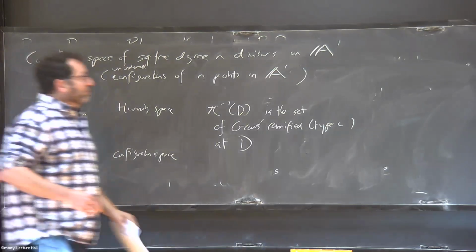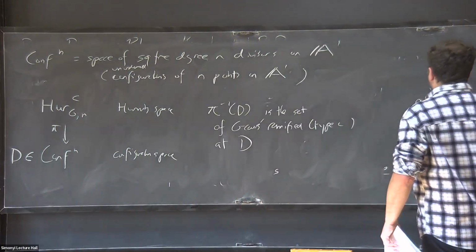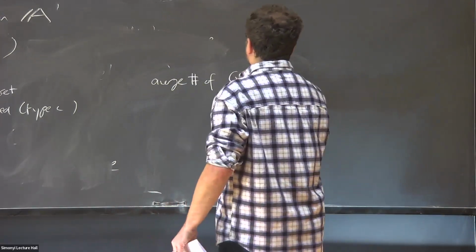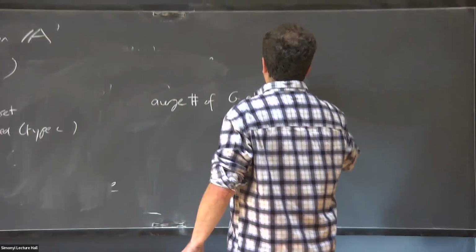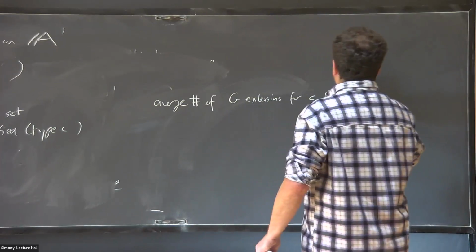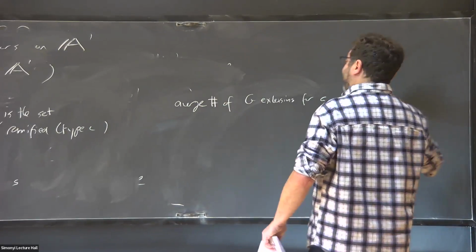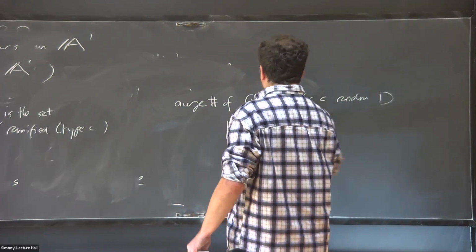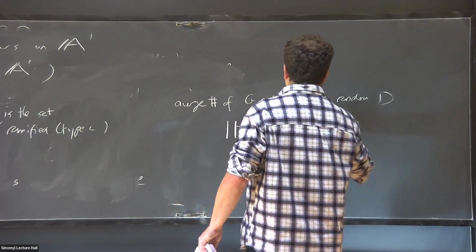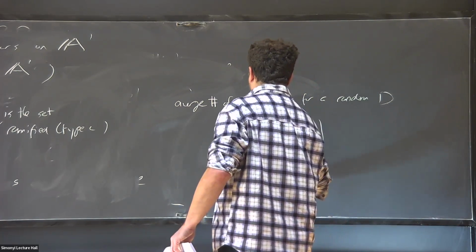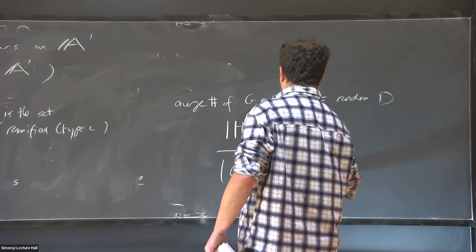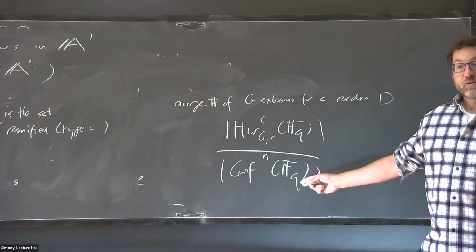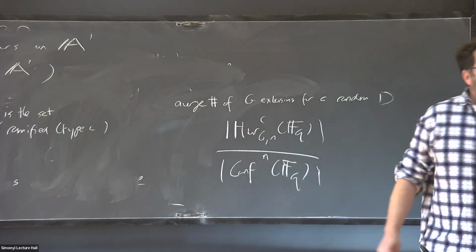And so the answer to that question, the average number of G extensions for a random D, is really nothing other than the number of points on the big space divided by the number of points on the lower space.